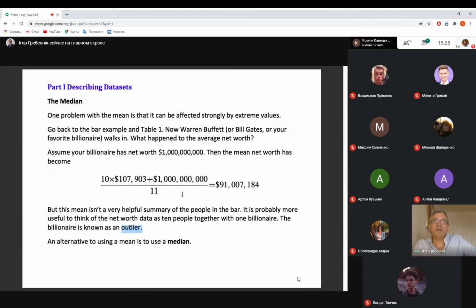And if we represent these items graphically, we will receive the picture. All the points are near $100 and one point is far from all the points.